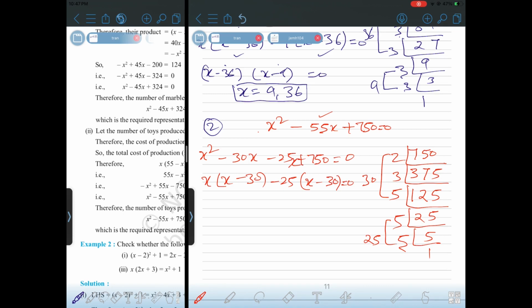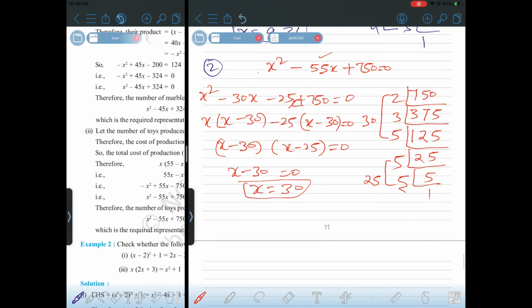Now you get x minus 30, then x minus 25 is equal to 0. Then we can say x minus 30 is 0, so that gives us x equal to 30. And once we say x minus 25 is 0, that gives x equal to 25, right?